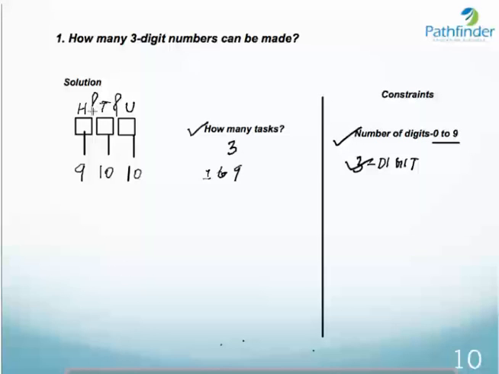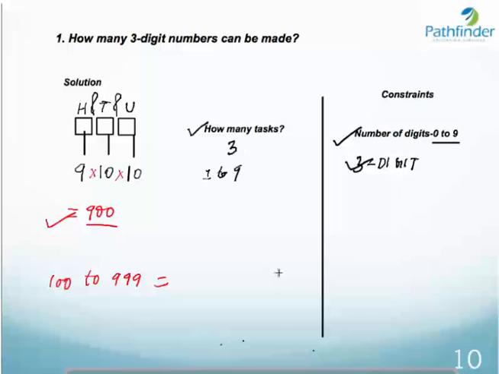And as I told you earlier, every AND can be replaced by a multiplication sign. So our answer will be 9 into 10 into 10. That is 900 3-digit numbers. And obviously, because this is a very small number, we can actually count and find that the number of three-digit numbers from 100 to 999 is indeed 900.